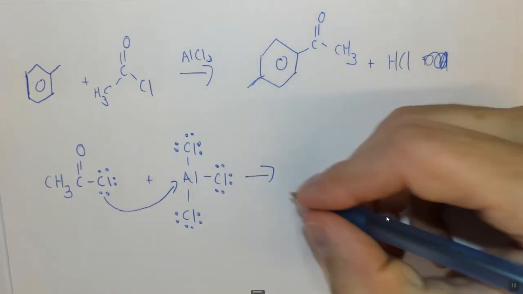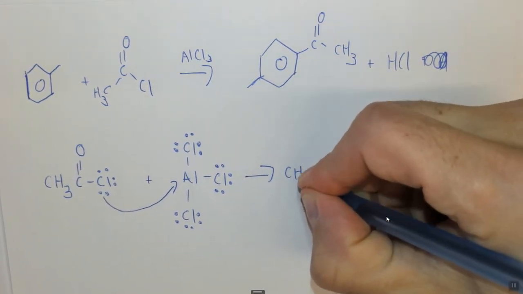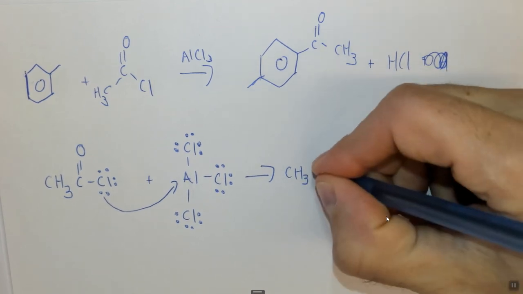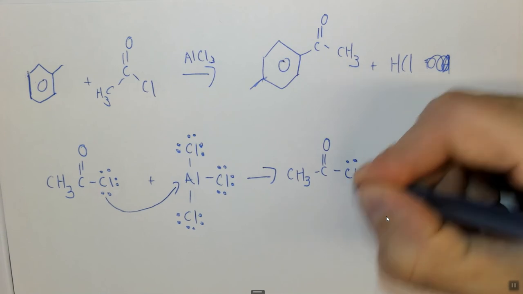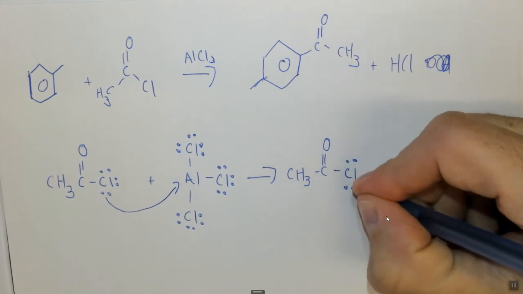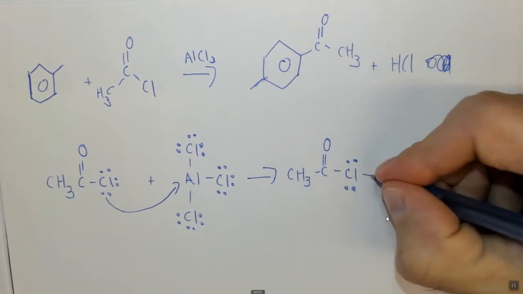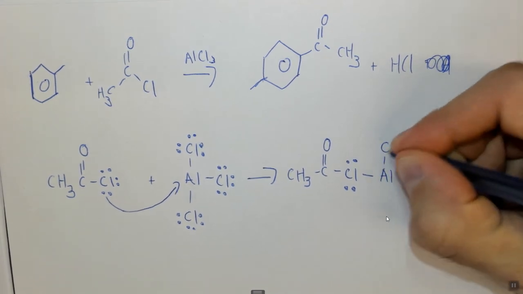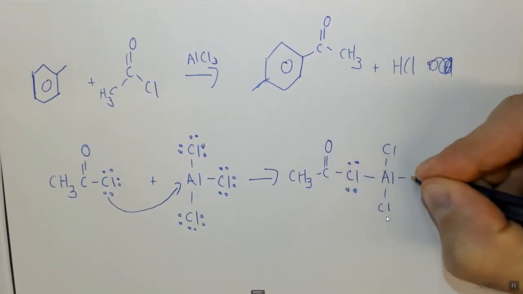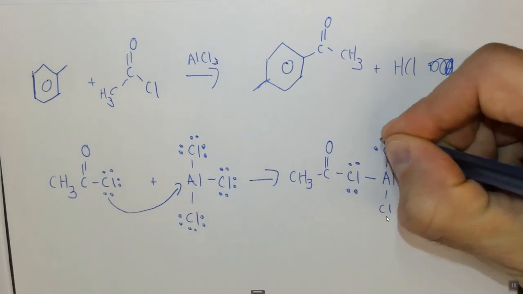So what we have here is CH3 bonded to C, double bond O, bond Cl, like this. And we have this bonded to the aluminum, which is bonded to 3 more Cl's like this.